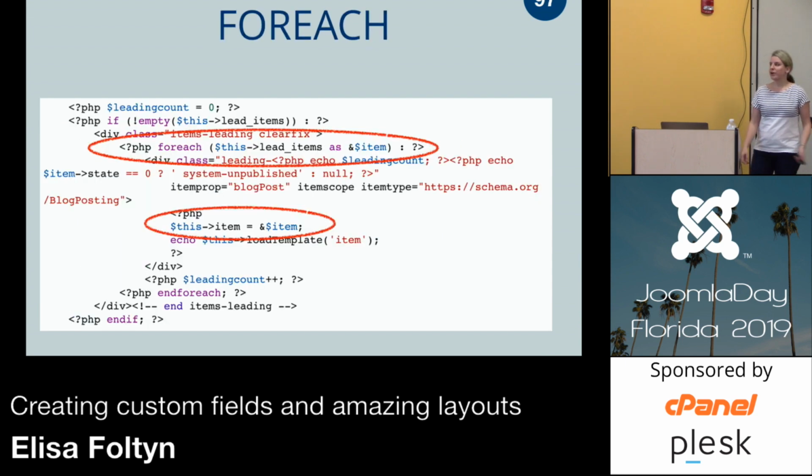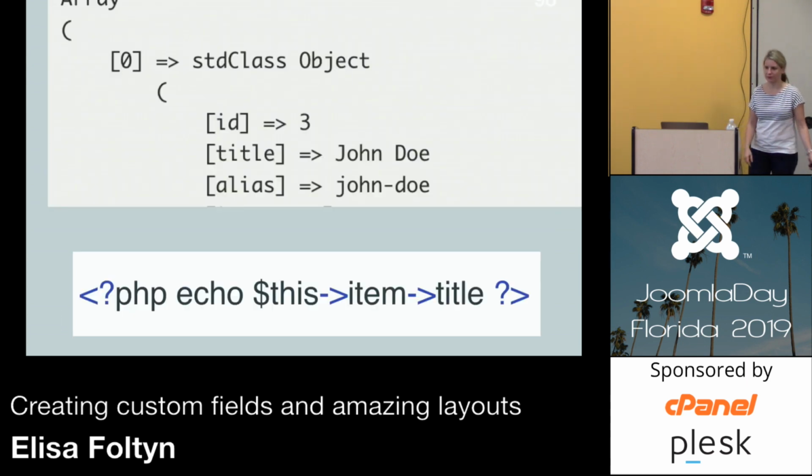So we have the foreach. And that's my block item. And inside of this block item, I call the field, the item values. I have the title. And to output the title, I just write PHP echo this item title.